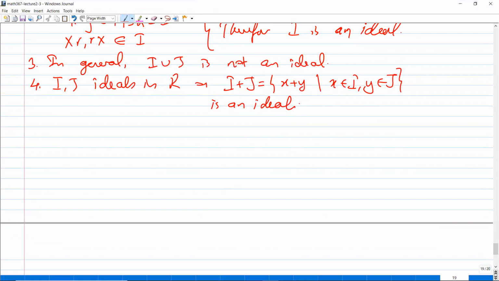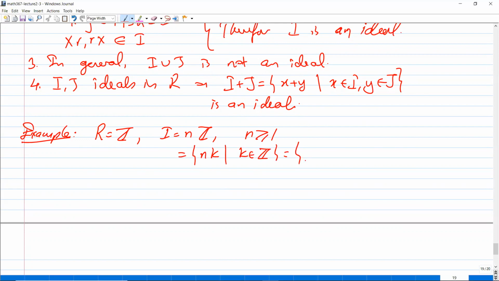Okay, so I will leave this to you. Next, one more example of an ideal, the most important example. Let's take R to be Z, the integers, and let I be nZ, where n is some positive integer. nZ is n times k such that k is an integer.